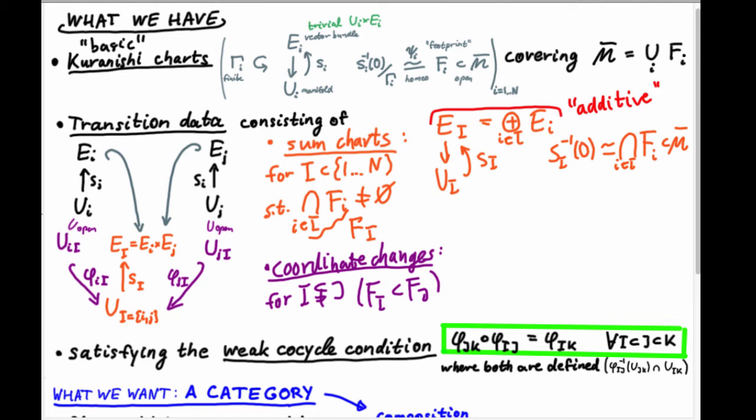And then there's a lot of ambient structure that I don't need to construct. So I have my two sum charts now, right?